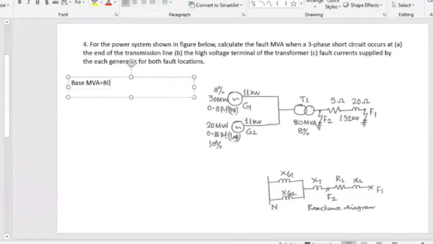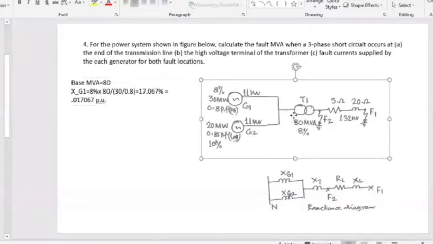So when we have the base MVA, we start calculating the reactance. XG1, the generator 1 reactance, will be how much? 80 MVA is the base, and its original MVA is 30 divided by 0.8, which was the megawatt, multiplied by its original 8% reactance, so you will get 17.067%, which means 0.1707 per unit.